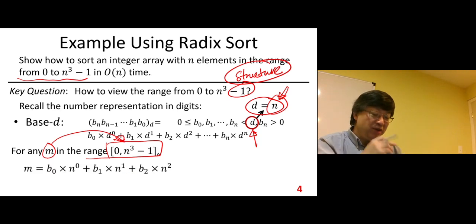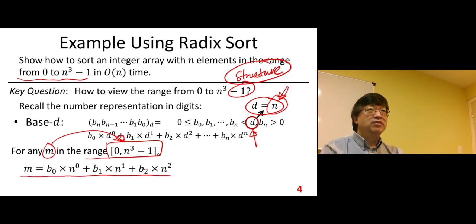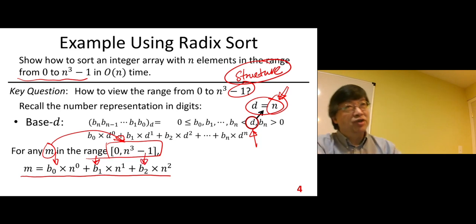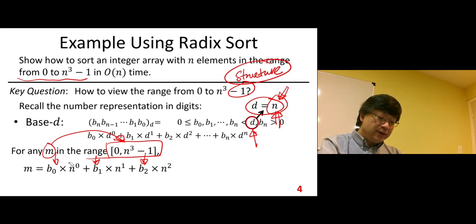Let's consider this general representation. We use 3 digits, B0, B1, and B2. What is the largest number we can represent using 3 digits in base n?